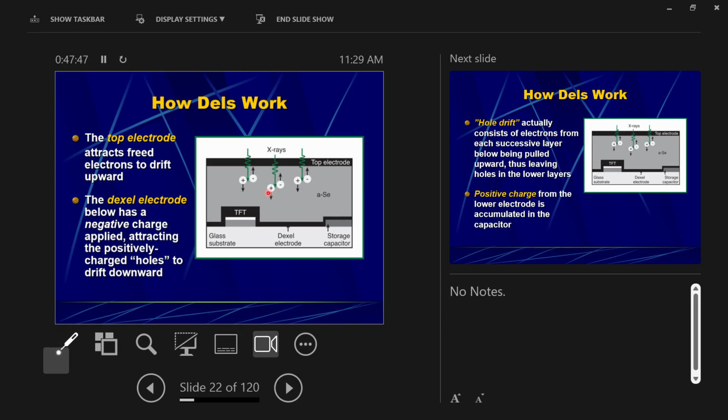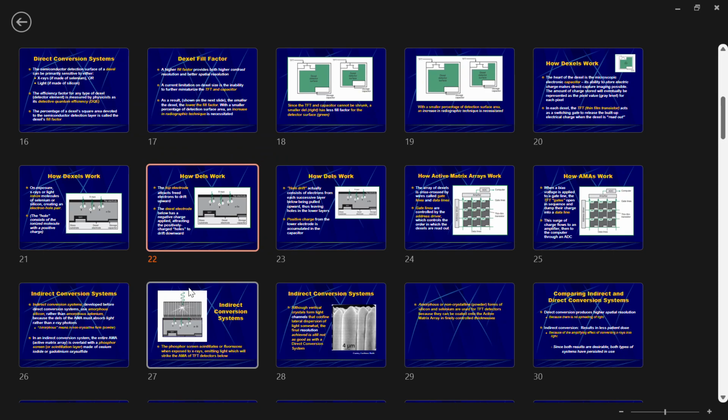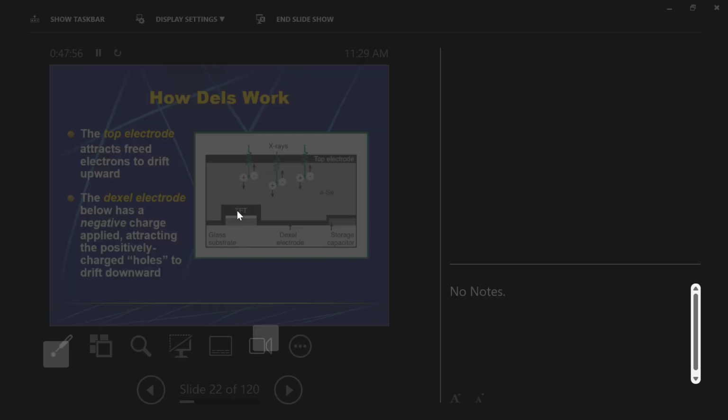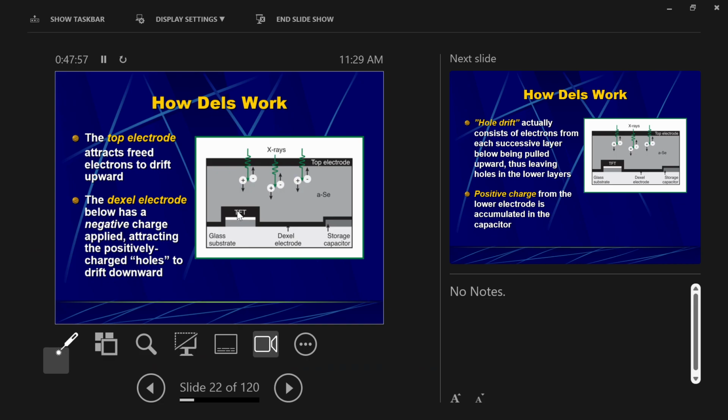This separation of charges generates its own small amount of electric current. This is where we get the electric current from. The more X-ray photons that strike the material, the more atoms of the material are ionized and the more charge that's created. The amount of charge created represents an amount of exposure that the deck cell receives. And again, more exposure, more charge.